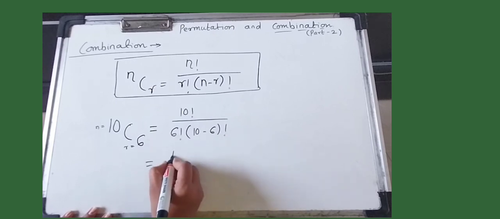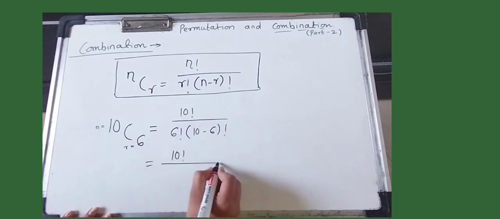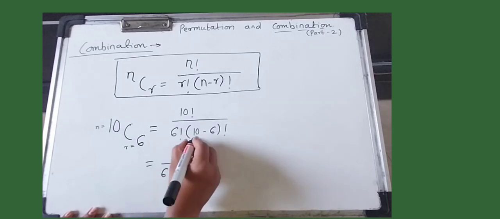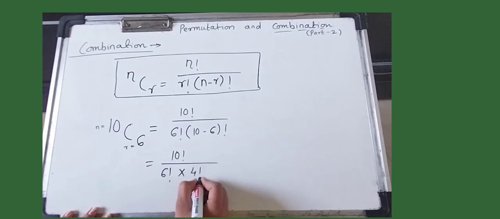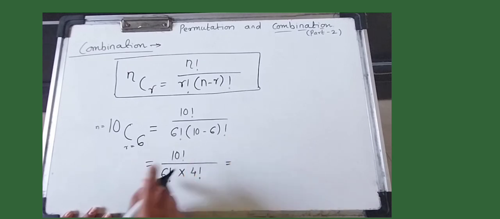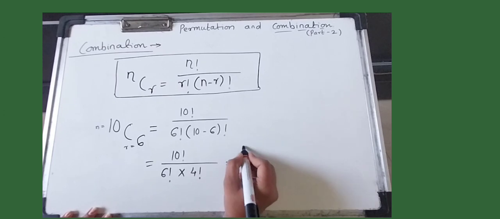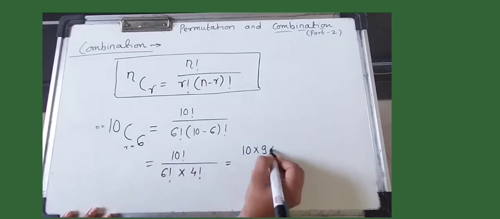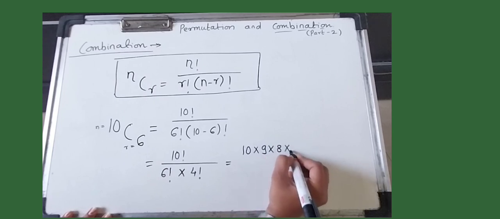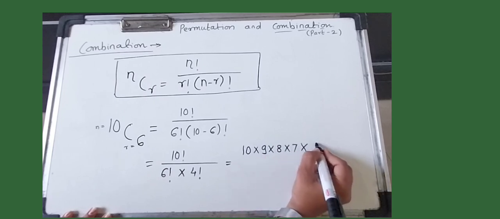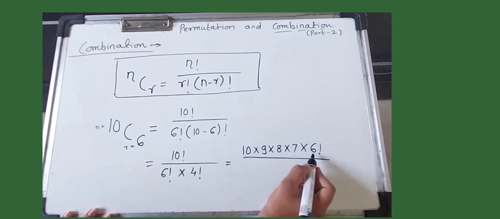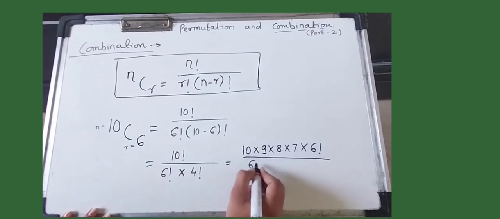As I already told you how to find the factorial number. This 6 factorial keep as it is, into 10 minus 6, it is 4 factorial. See, here 6 is the larger number, so I write here 10 into 9 into 8 into 7 into 6 factorial. Why do I write 6 factorial here? Because in the denominator there is a 6 factorial.